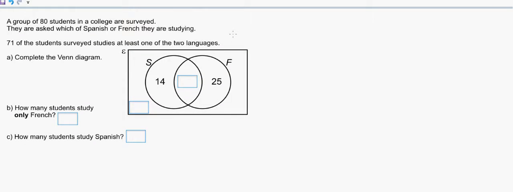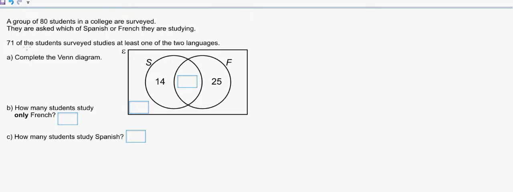So this is from the site, one of the questions on the site. So a group of 80 students in a college is surveyed. So we've got 80 is a universal set. They're asked which of Spanish or French they are studying. 71 of the students surveyed studied, I'll say that again, 71 of the students surveyed studies at least one of the 2 languages.